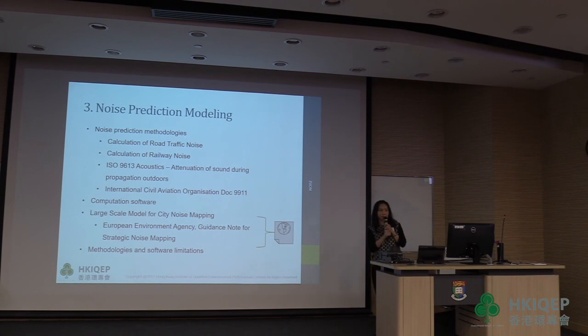This one, in fact, we are just calculating the sound propagation when we know the sound source level, and also the International Civil Aviation Organization document, which is for the aircraft noise assessment, and some of the computation software, and the large-scale model for city noise mapping, which is quite commonly used, especially in Europe.